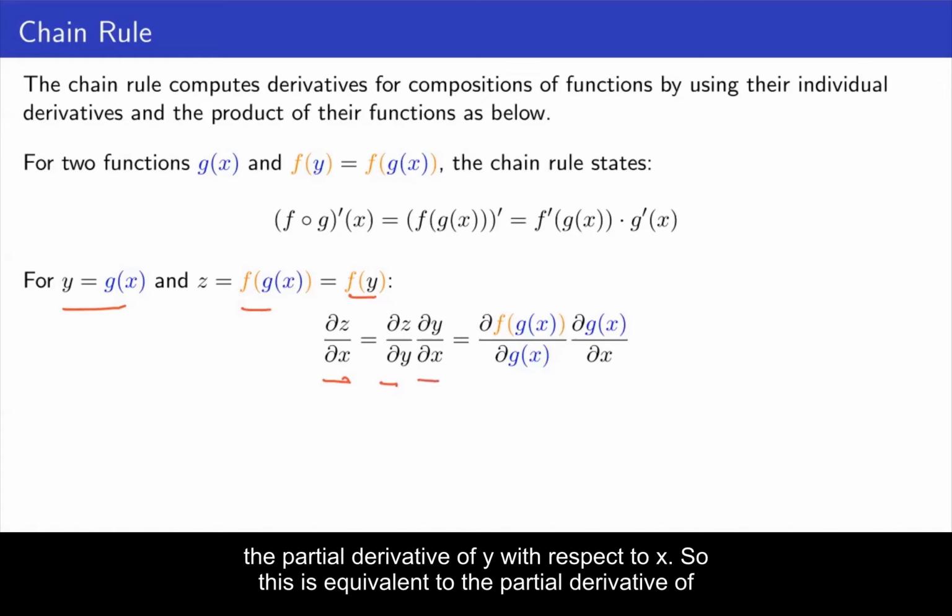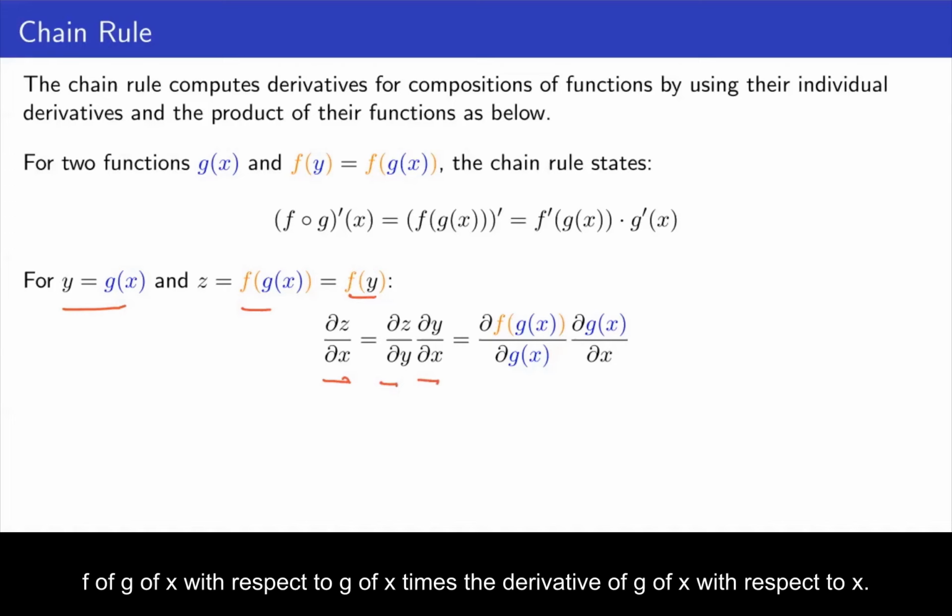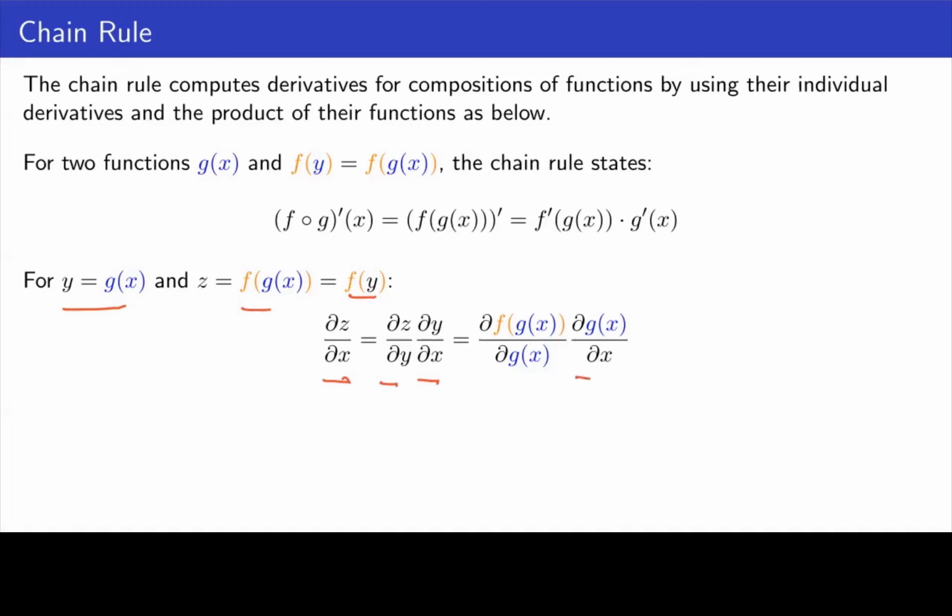This is equivalent to the partial derivative of f of g of x with respect to g of x times the derivative of g of x with respect to x.